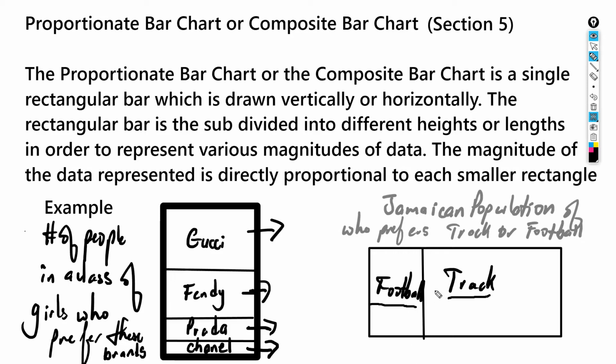So this whole region where you see track represents the set of the Jamaican population who much rather prefer track, and here represents the population that prefers football. These are just some wild examples. Let's do a more structured example so we know exactly what we're talking about.